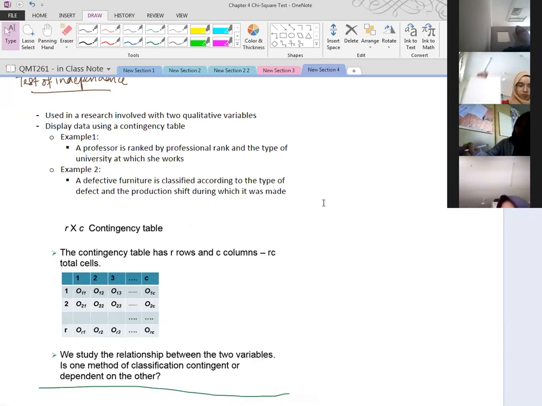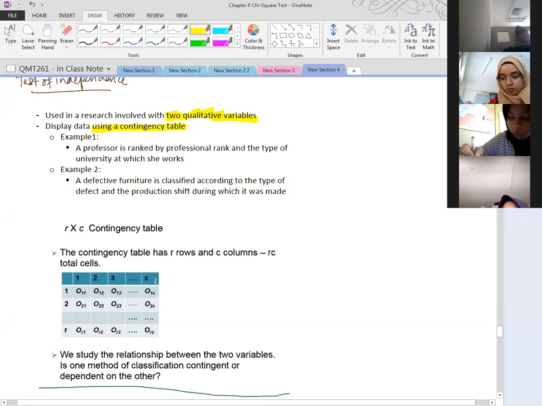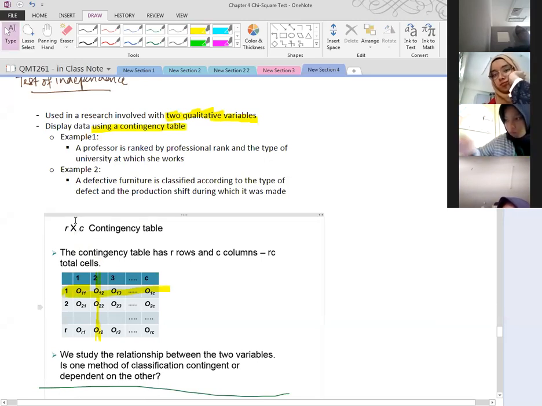For the test of independence, we are testing the hypothesis for two categorical variables. It involves two qualitative variables, which are two categorical variables, and the data is displayed in a contingency table. We have rows and columns, right? So it is an R by C contingency table.